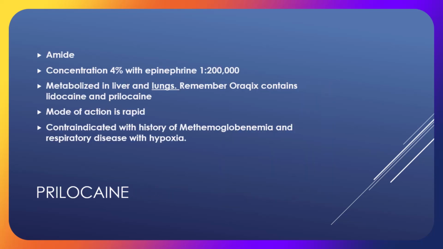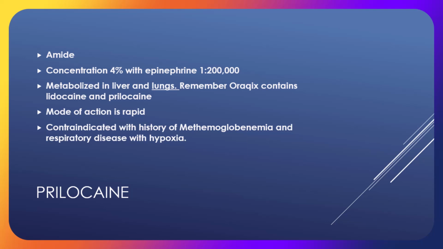Prilocaine. Prilocaine is an amide. Concentration is 4% with epinephrine 1 to 200,000. This is metabolized in the liver and the lungs. Now remember, Oraqix contains 5% solution of 2.5% lidocaine and 2.5% prilocaine. It's contraindicated with a history of methemoglobinemia and respiratory disease with hypoxia.